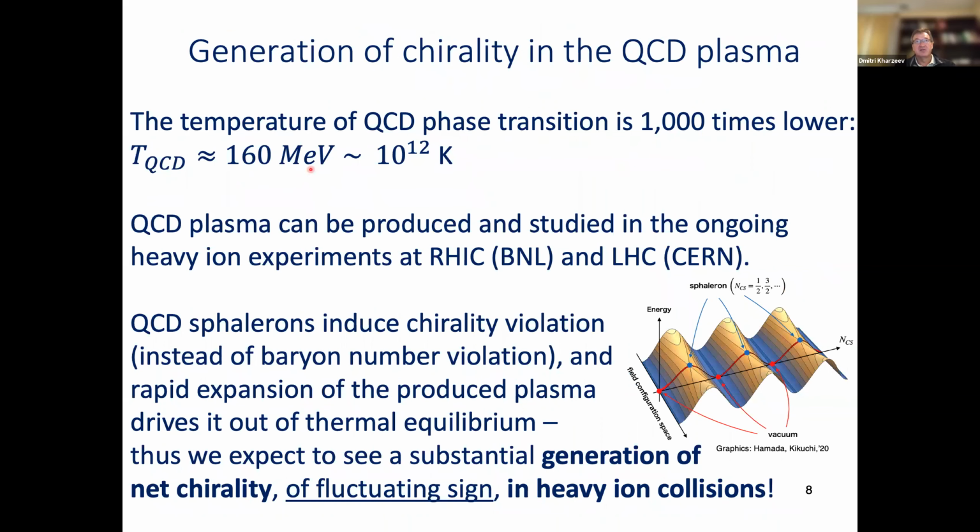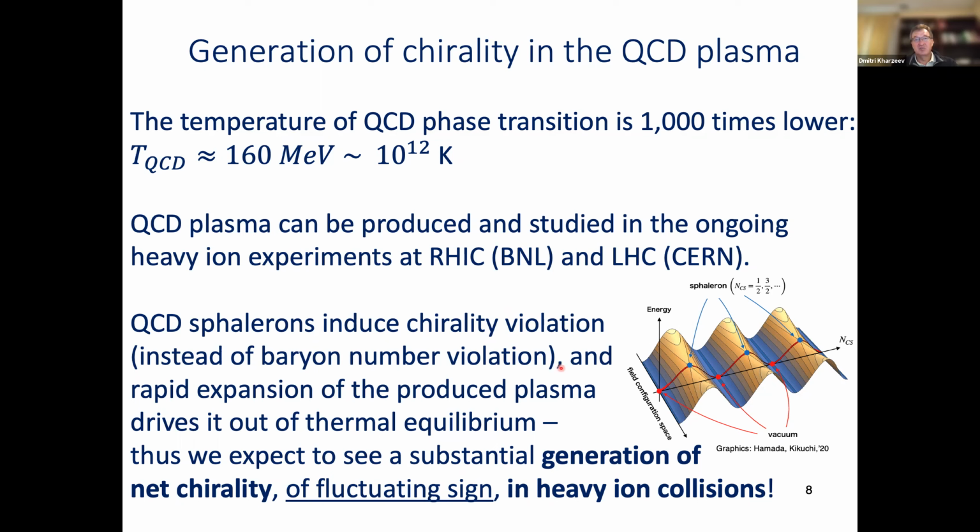The point here is that the temperature of the QCD phase transition is exactly 1,000 times lower. And this QCD plasma can be produced, and is being produced and studied, in the ongoing heavy ion experiments at RHIC and LHC. Of course, unlike electroweak sphalerons, QCD sphalerons do not lead to baryon number violation, but what they do instead, as we already discussed, is induce chirality violation.